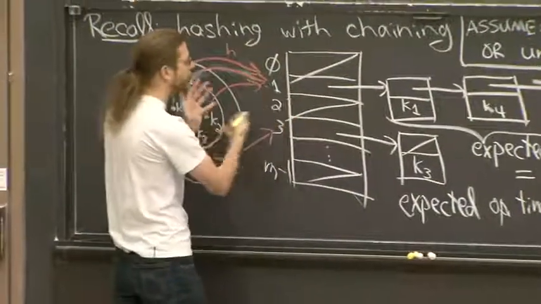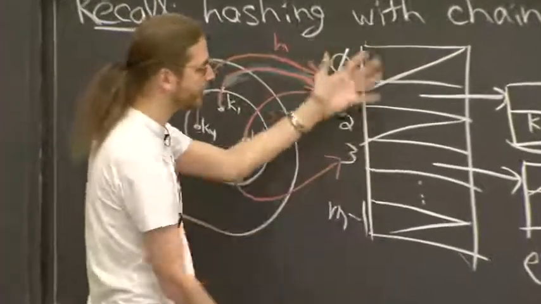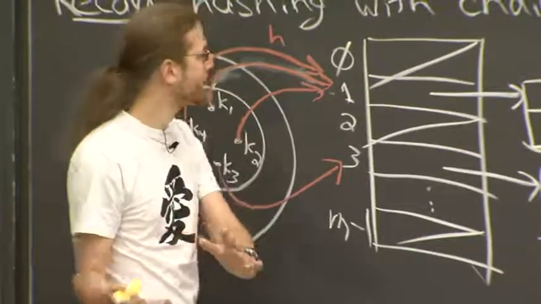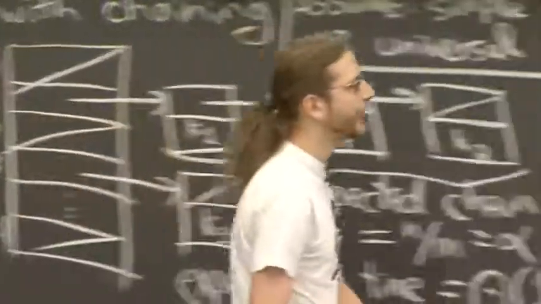They're stored with some hash function in here in table of size m. I need to build an entirely new table of size m prime. And then I need to rehash everything.